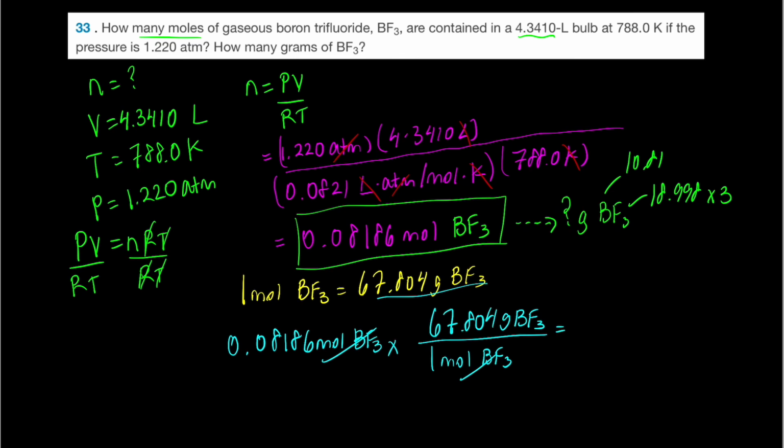And so let's do this math now on our calculator. And I would recommend double checking this, but I get 5.550 grams. Okay, and I'm going to write the chemical formula after the grams so we can be sure to recognize that as that chemical. So that's how you do this problem.